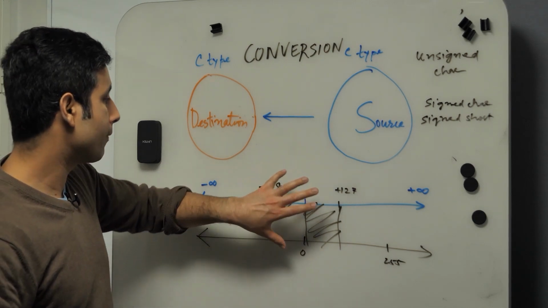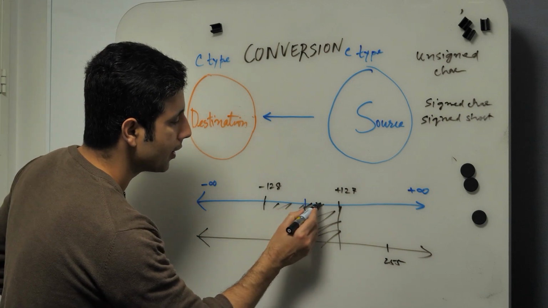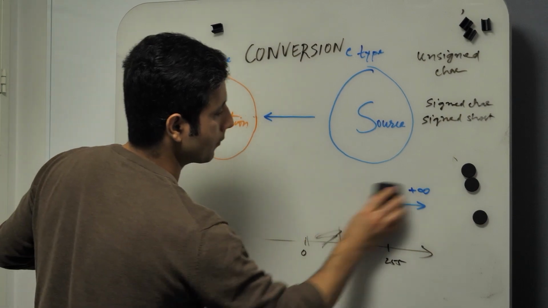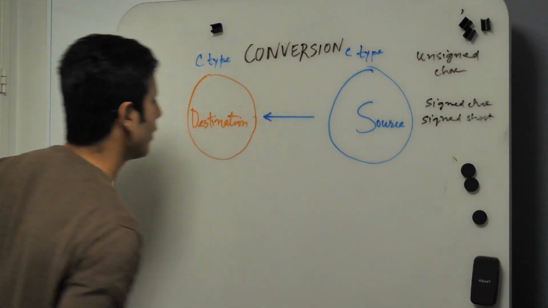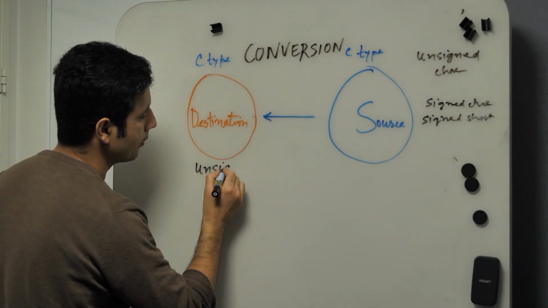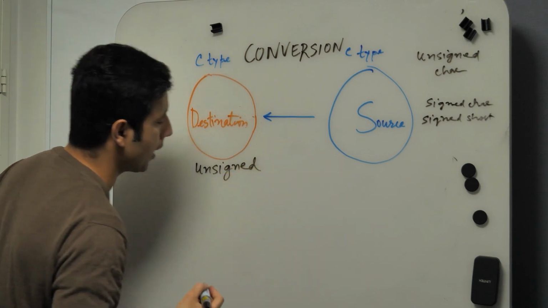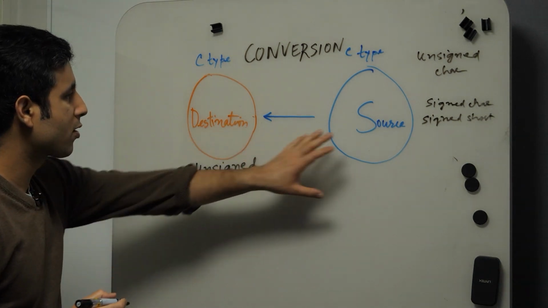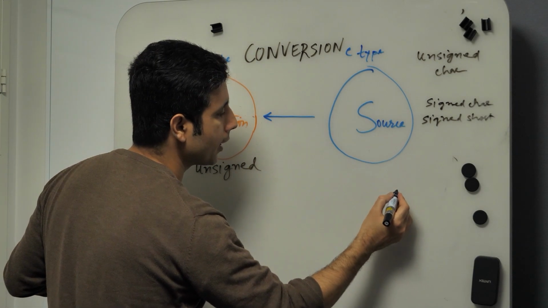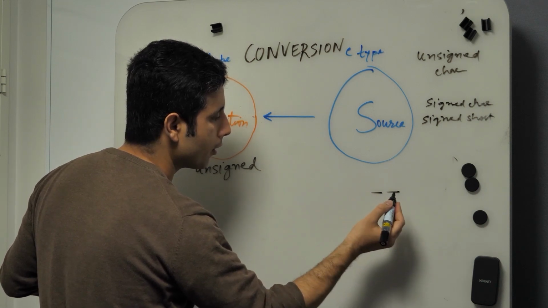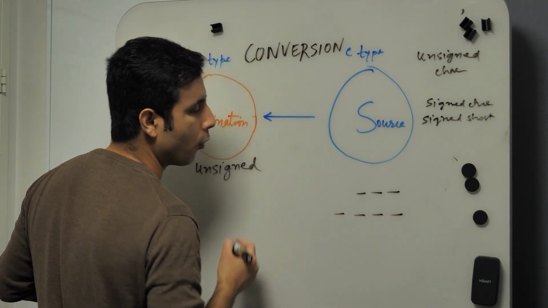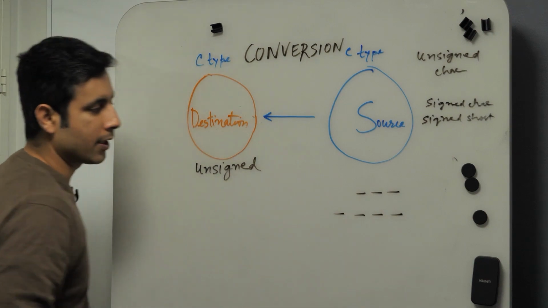What happens if the range of values is outside this area? Let's quickly discuss that. Let's say the destination is an unsigned integer, and this could be anything. Now, if the source number could be represented, for example, in 3 bytes, and the destination size is, say, 4 bytes, then it's straightforward, right?